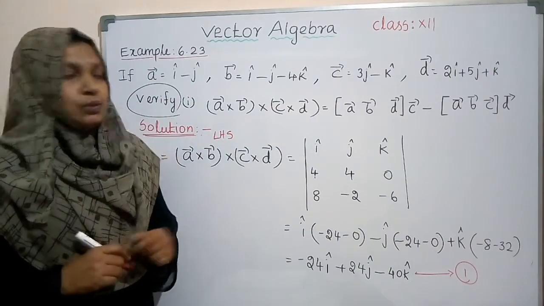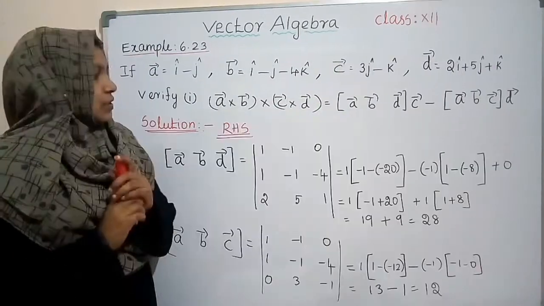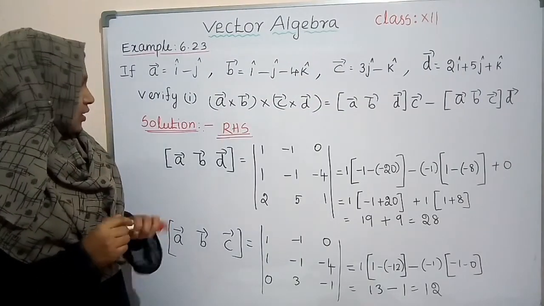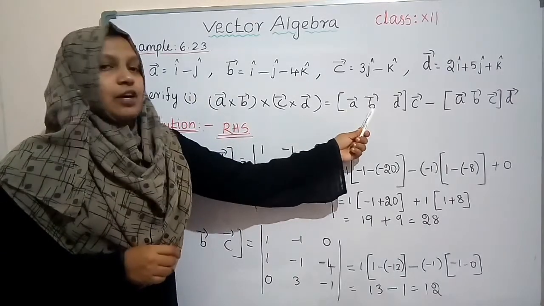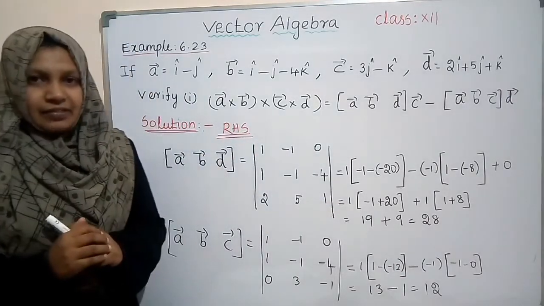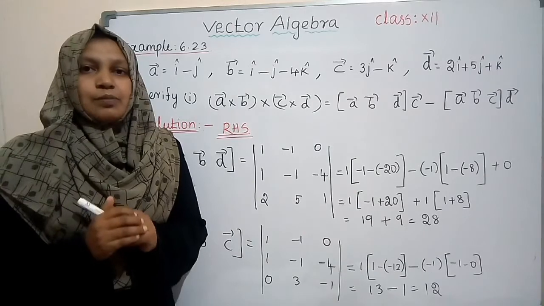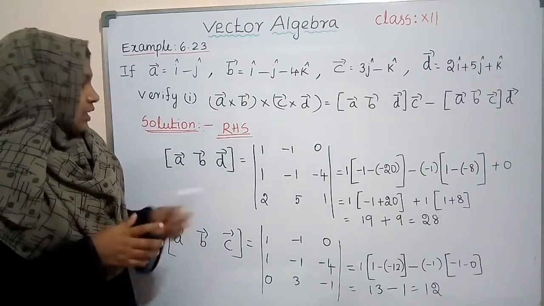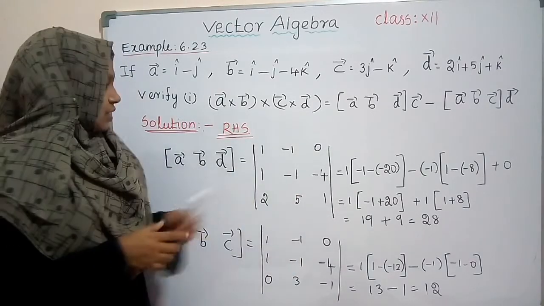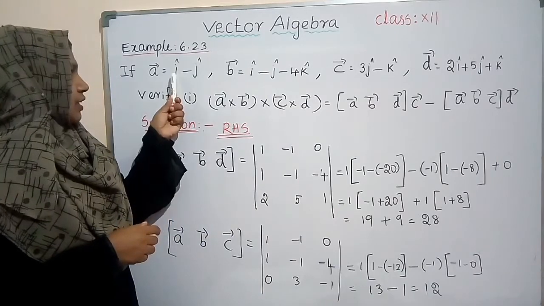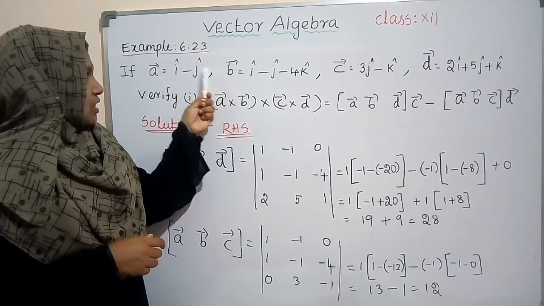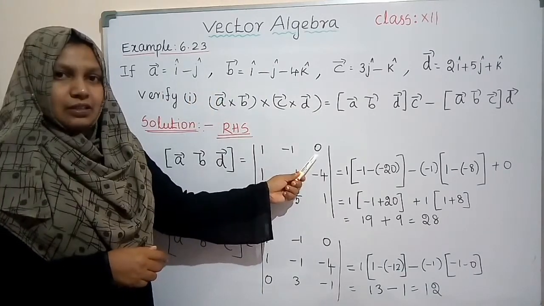Now we can go to the right side. So in the right side we have first one, the box product of a vector, b vector, d vector. So how to calculate the box product? It is the determinant value. The first row will be the components of a vector, which is 1, minus 1, 0, because there is no k vector.